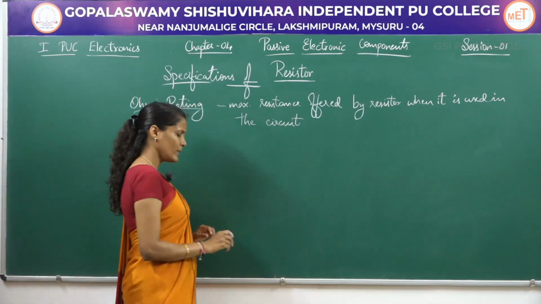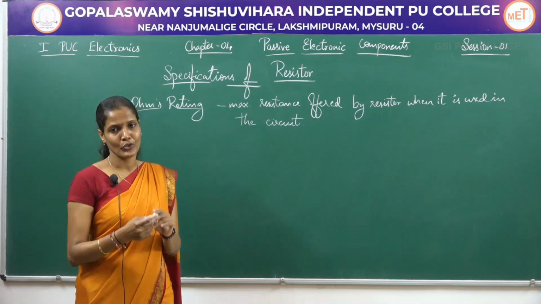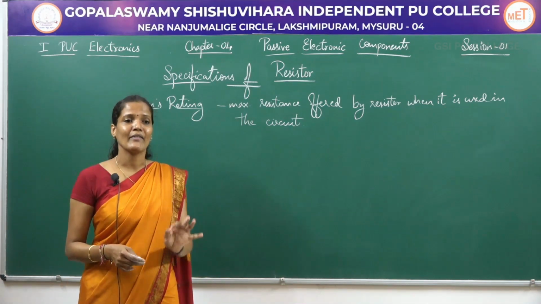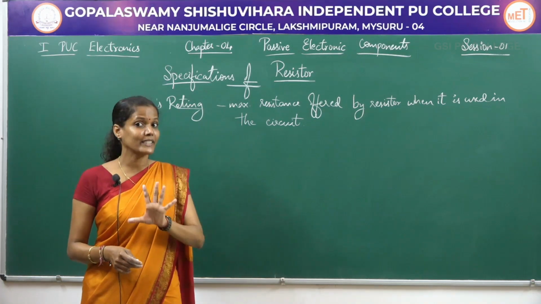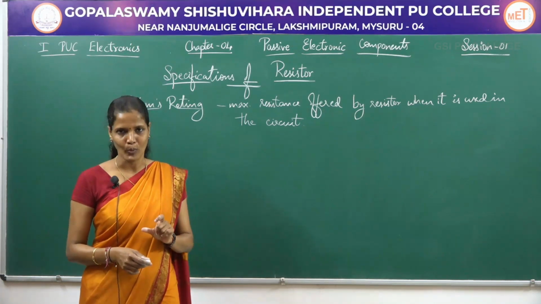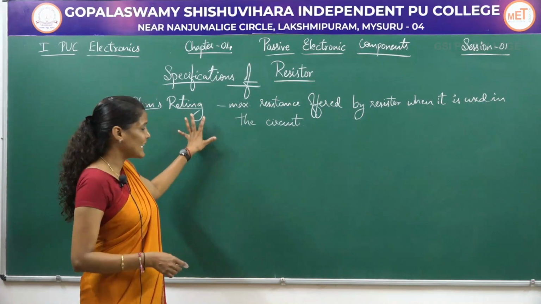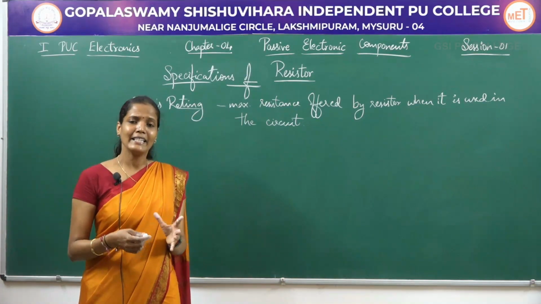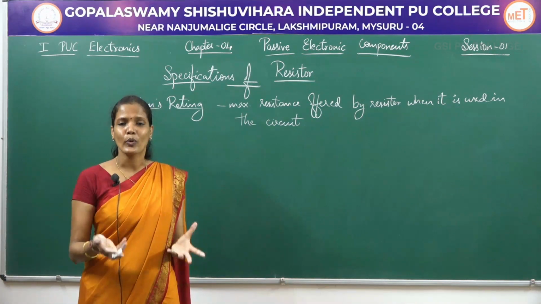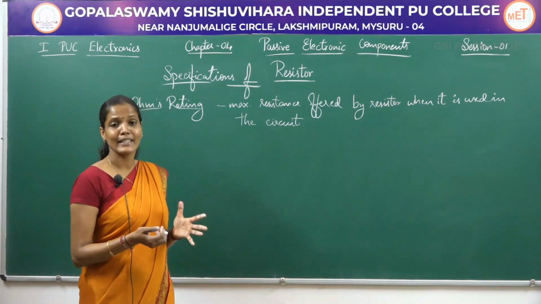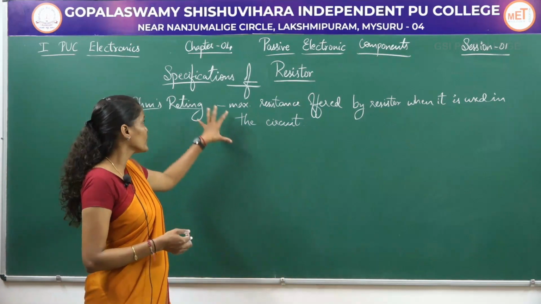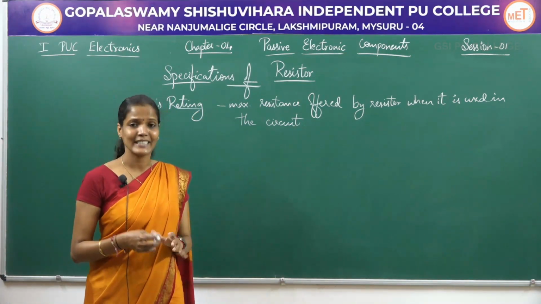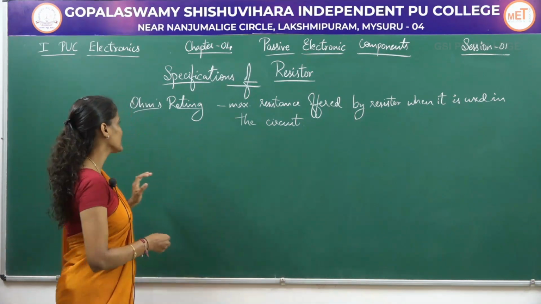If I consider any single resistor whose value is equal to 1 kilo ohm, then that resistor has a maximum resistance value of 1 kilo ohm. Ohms rating will be different for different kinds of resistors, and the size of these resistors will also vary depending upon the resistance offered by that resistor. So, ohms rating is nothing but the resistance offered by the resistor when it is used in the circuit.